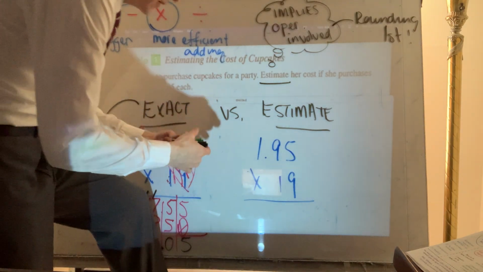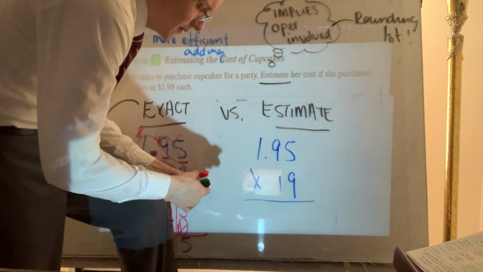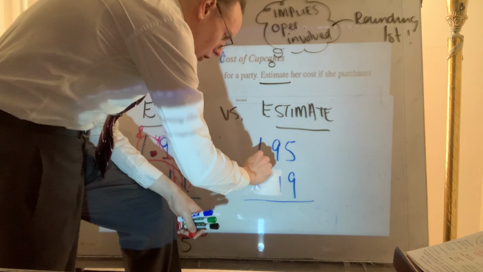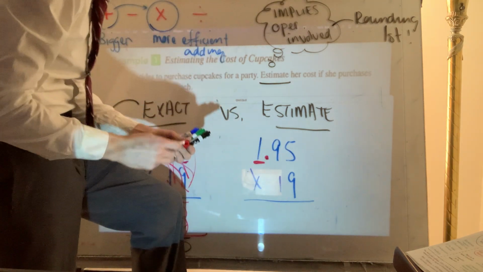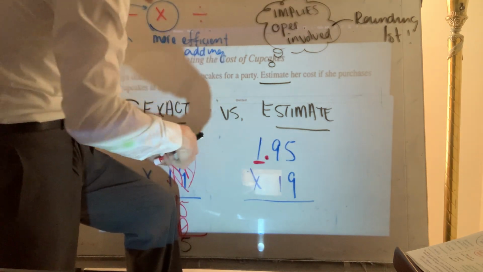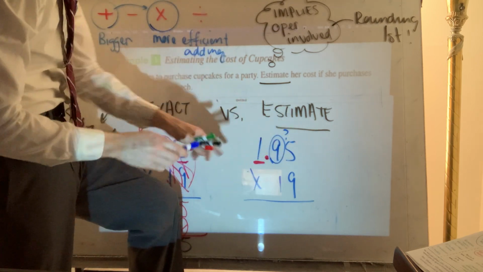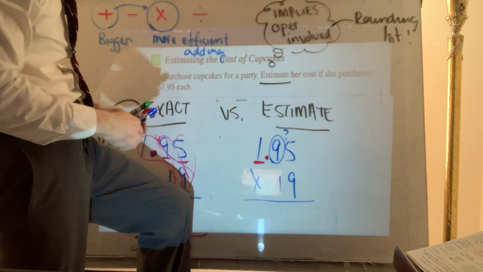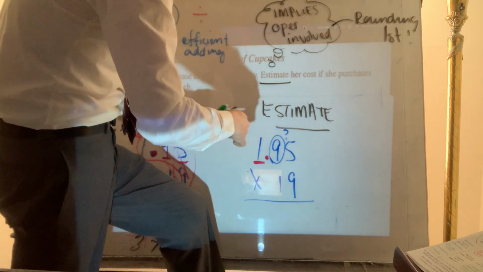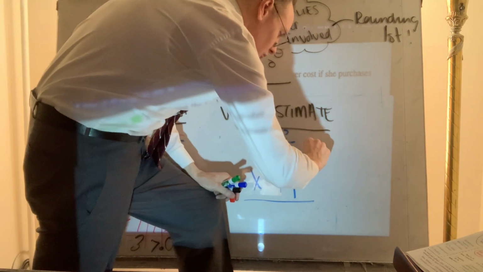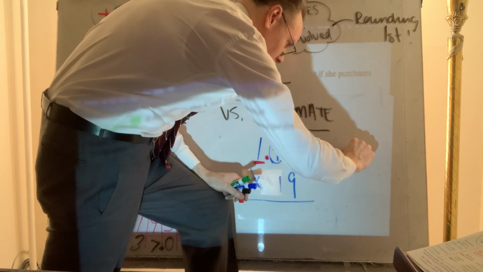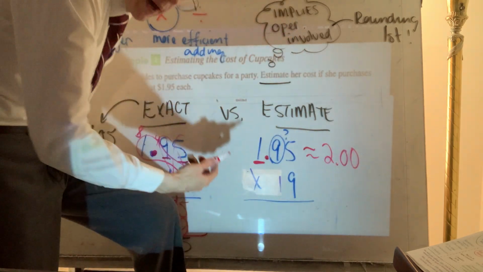Right? So, they didn't specify which, so this is $1.95. Right? Let's say I rounded it to the whole dollar, the ones place. Right? Based upon the 9 here, what would I round this 195 to? Right? I might round it to just about $2, right? That would be good rounding, right?